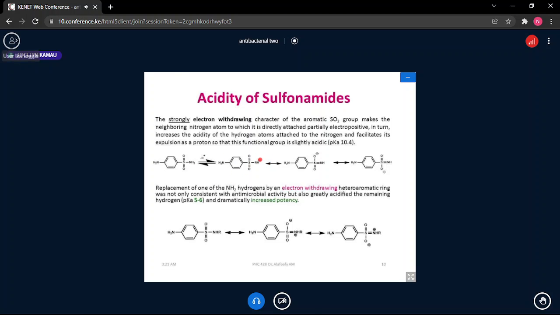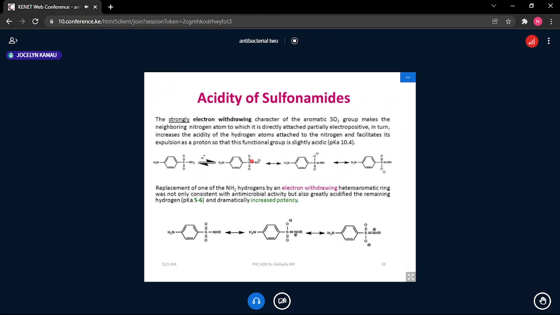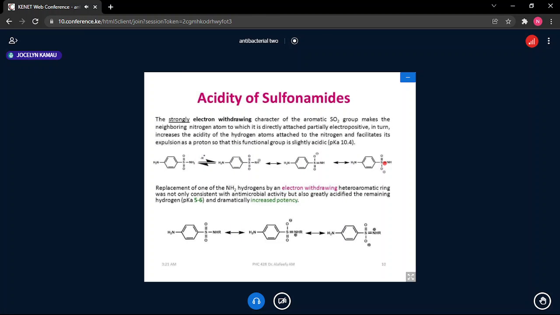And then, of course, we did mention once a negative charge is formed, there is stabilization and there is movement of electrons. And remember, stabilization by resonance stabilizes the anion. Once the anion is stable, that means the sulfonamide can stay ionized.